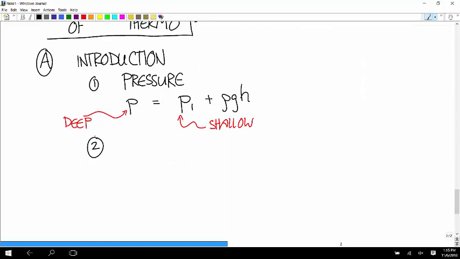And we talked about barometers and manometers.